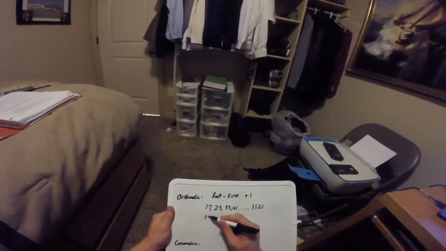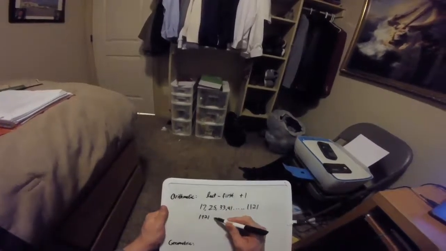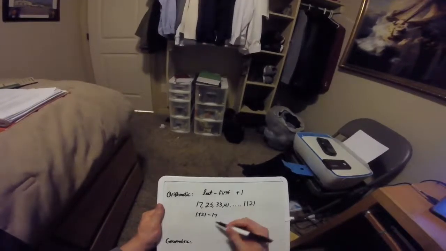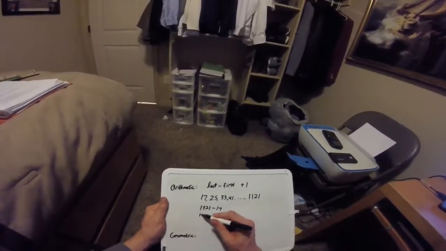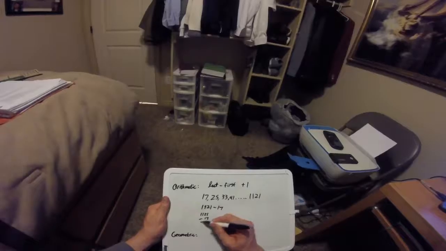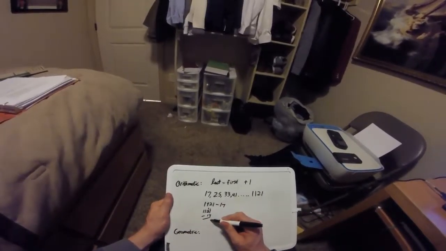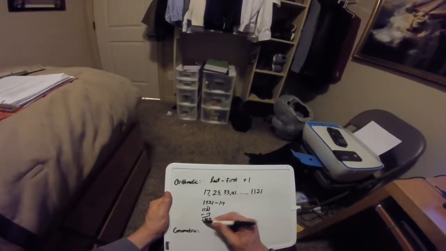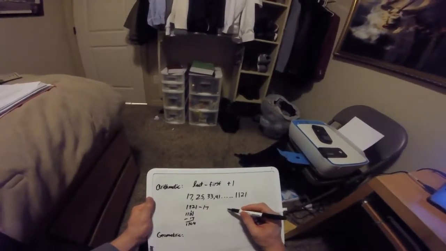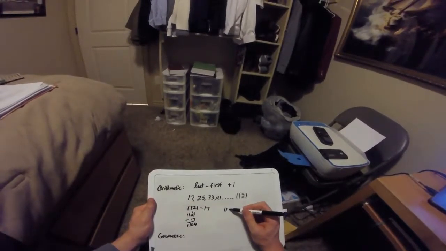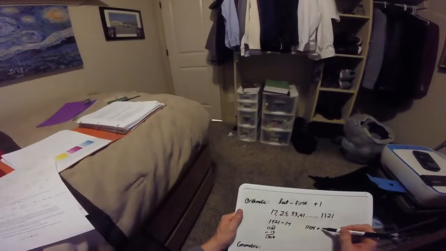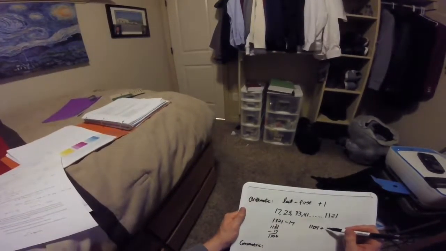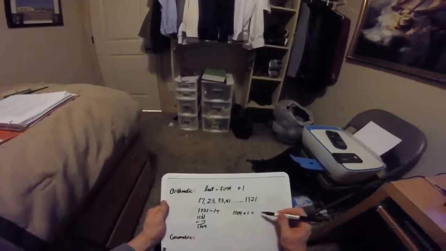So what we do is 1,121 minus 17. So that will give us 1,104. So 1,104 plus 1 equals 1,105.